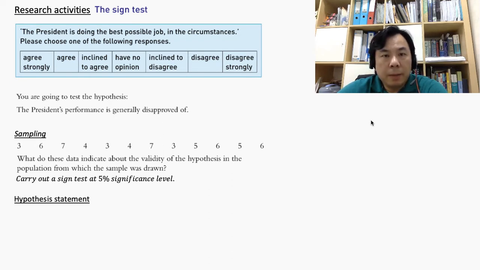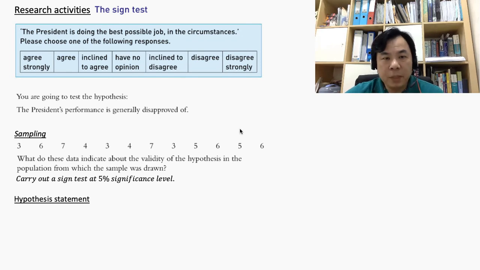There are seven responses that the user can choose from: agree strongly, agree, inclined to agree, have no opinion, inclined to disagree, disagree, or disagree strongly.